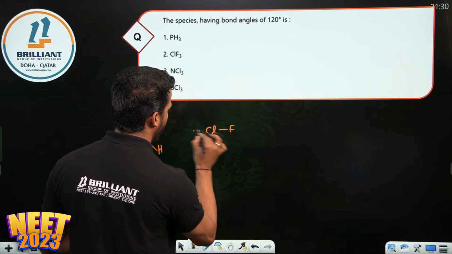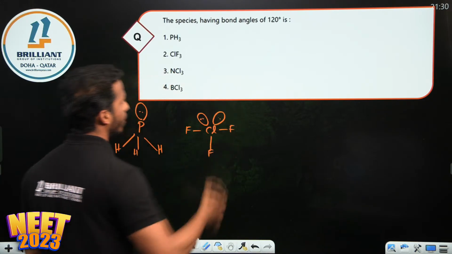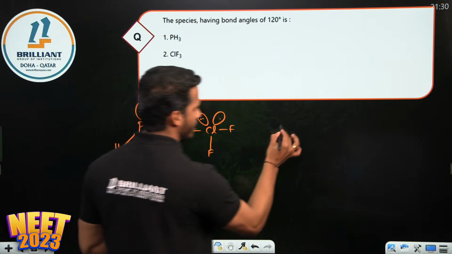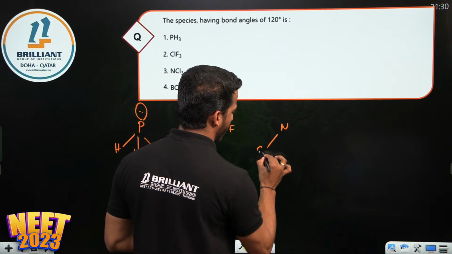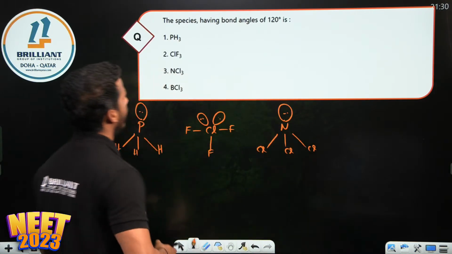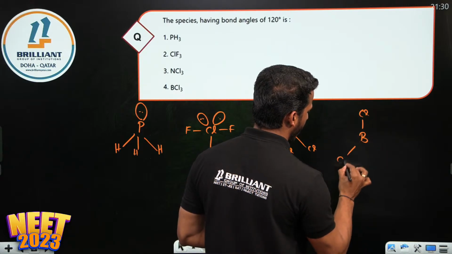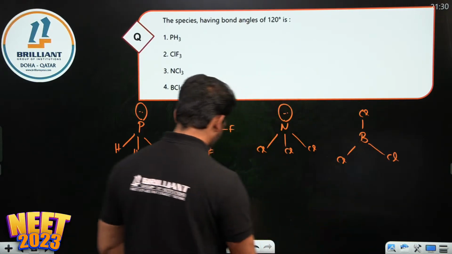ClF3 has a T-shaped molecule. Now NCl3 is like NH3, having a trigonal pyramidal shape. And BCl3, BF3 have a trigonal planar shape.